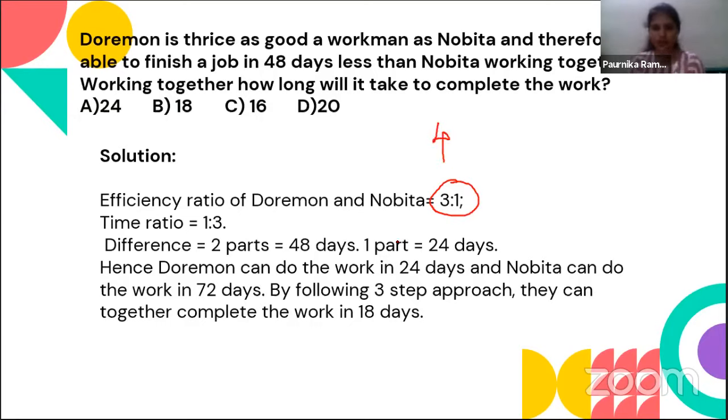The LCM of 24 and 72 is 72. Divide this 72 by 4 and you get 18. That is the number of days that they have to work to complete the entire work. I guess you are able to understand.